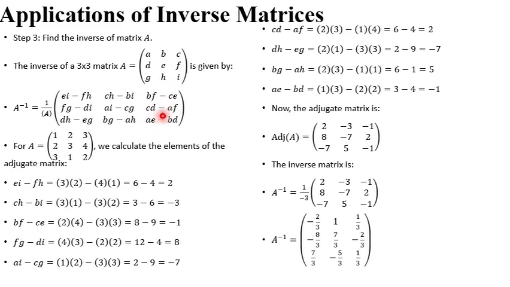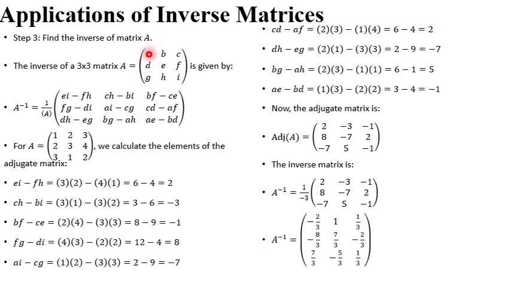The first thing to do in finding the adjoint of this matrix, of course you can use the cofactor method, you can use different methods, but I like this method because it is simple and direct.